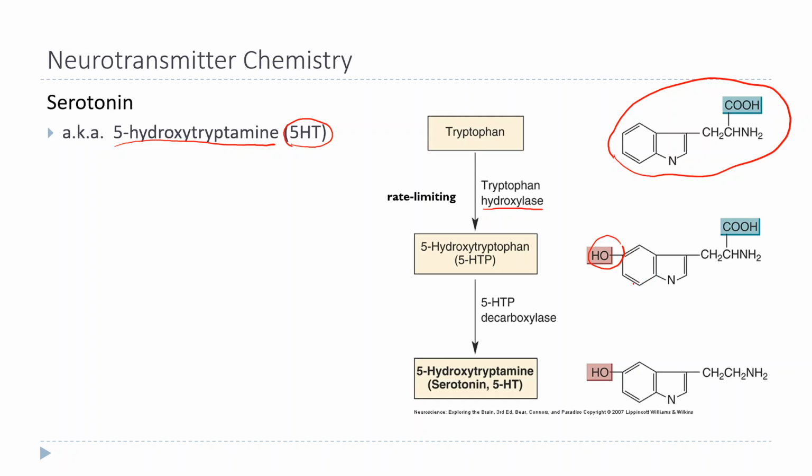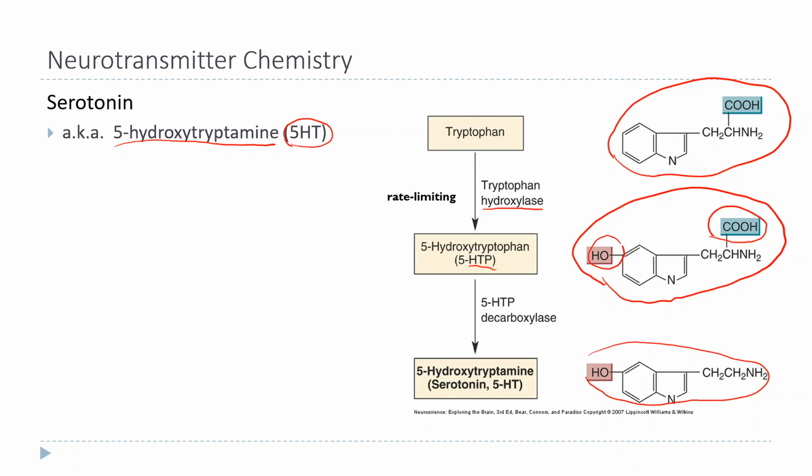And so this molecule here is called 5-hydroxy tryptophan, 5-HTP is how it's abbreviated. And then another enzyme called 5-HTP decarboxylase removes the carboxyl group from 5-HTP, and you end up with 5-hydroxytryptamine, which again is just the long name for serotonin. So serotonin has just a two-step pathway, two enzymes.